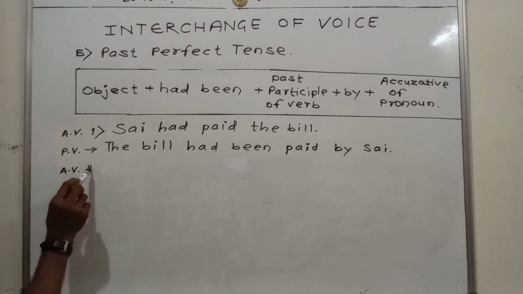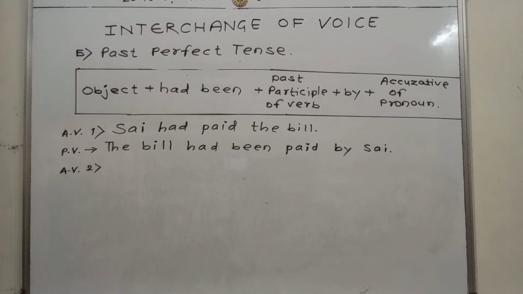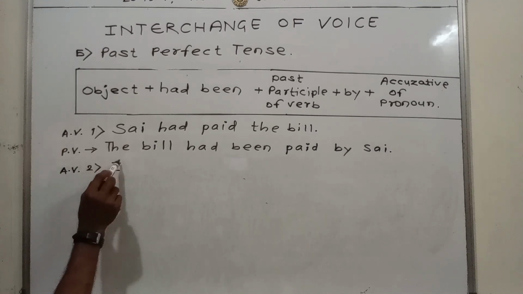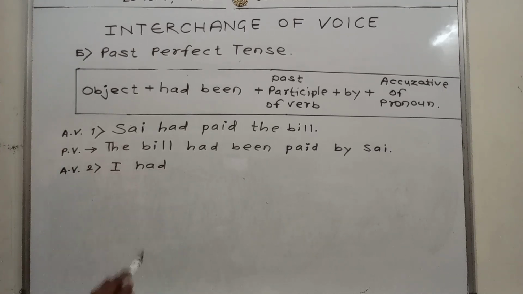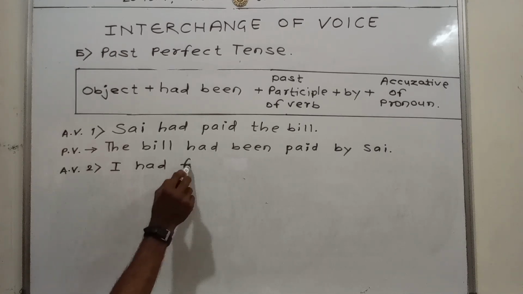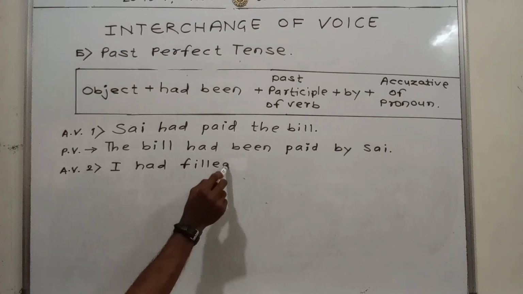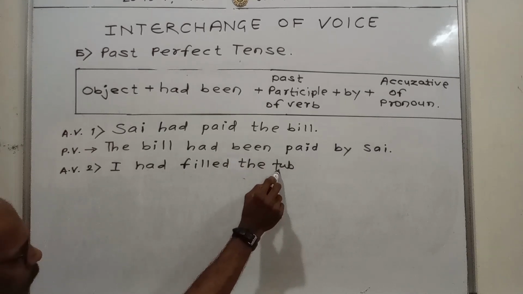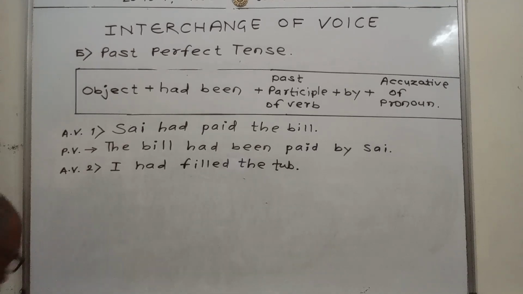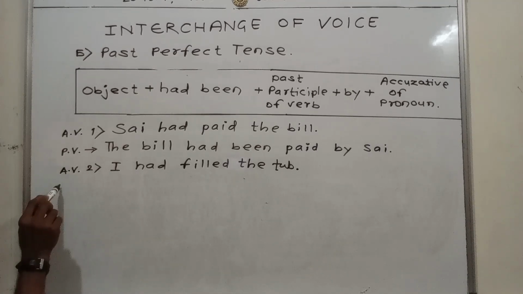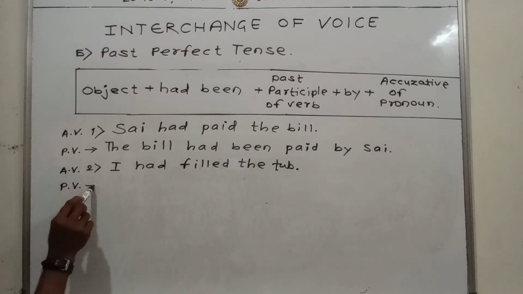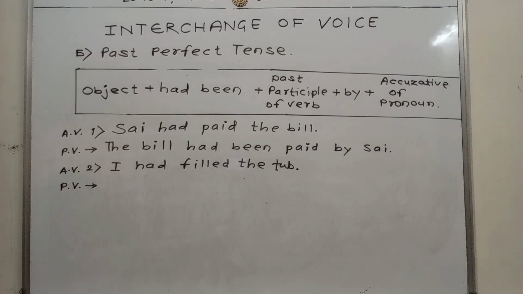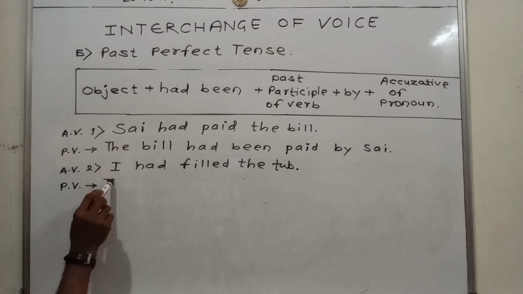Active voice. Example number 2. I had filled the tub. Okay, fill the tub. Now here passive voice of this? Tell me. The, very good.